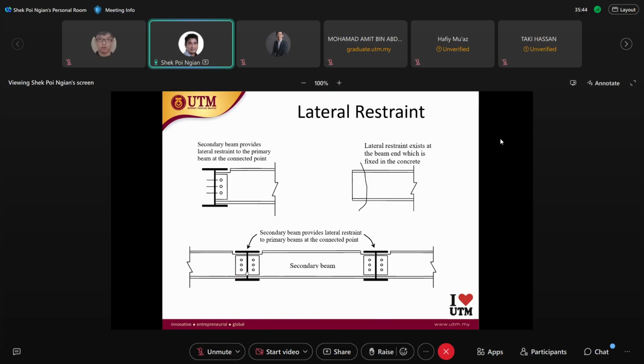So these two black I-beams are laterally restrained by the secondary beam on both sides. This is the lateral restraint provided to the primary beam at that point.